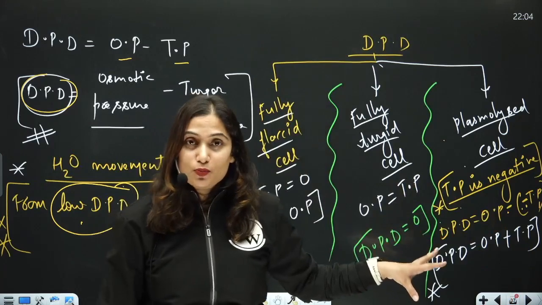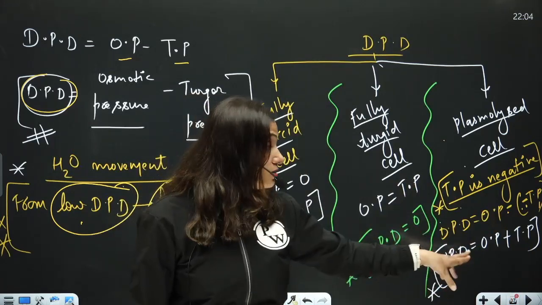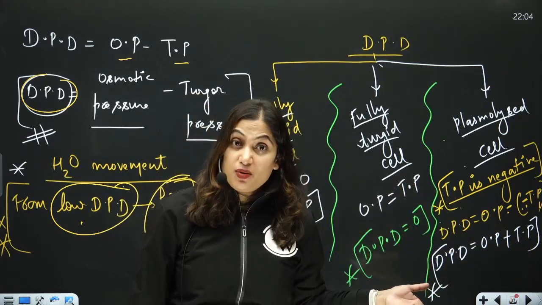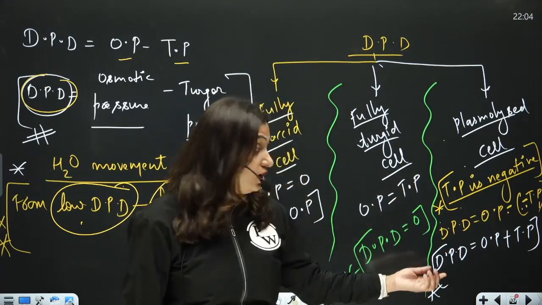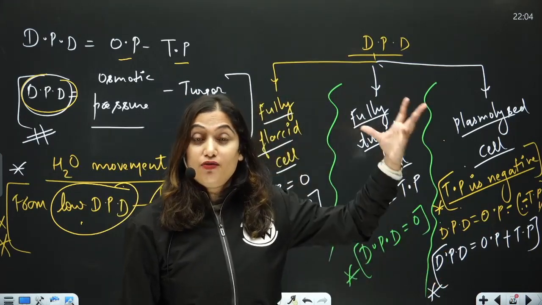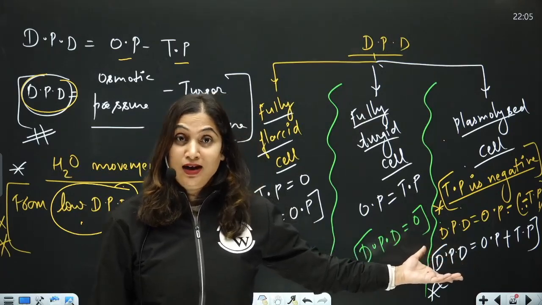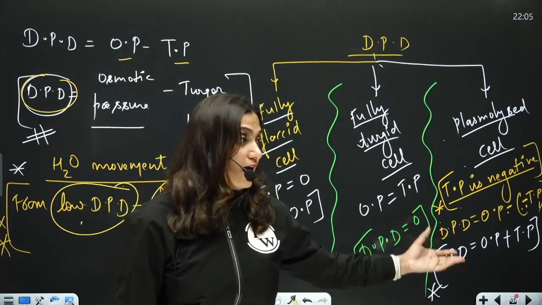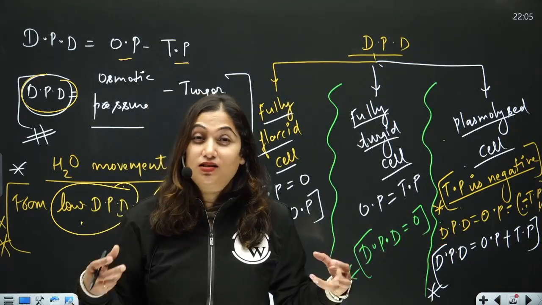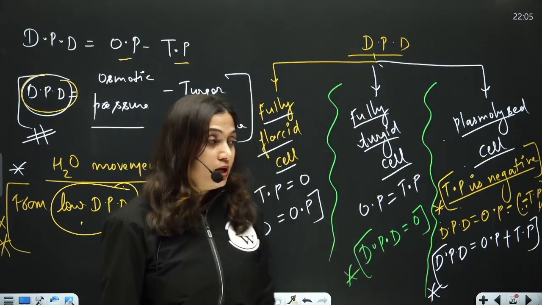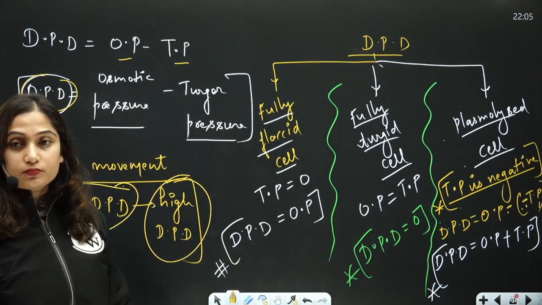So for a plasmolysed cell, DPD is equal to OP plus TP. See, so DPD is very, very high for a plasmolysed cell. That means a plasmolysed cell is dying to get water.